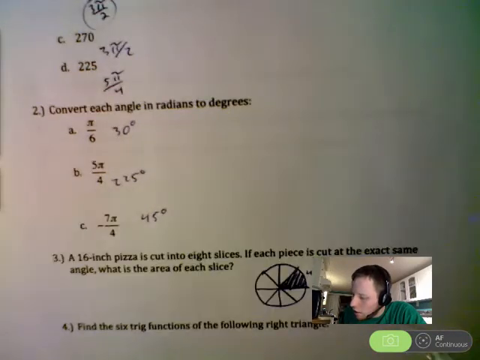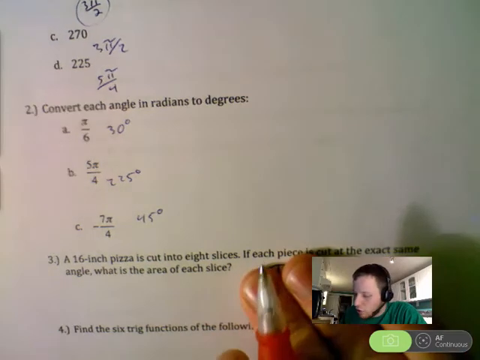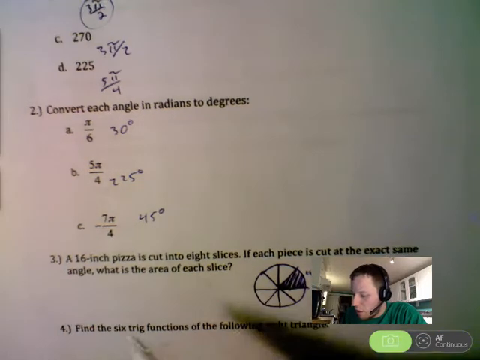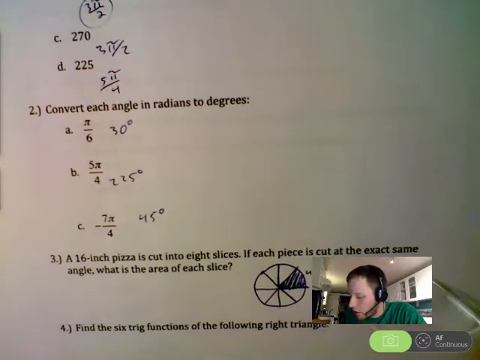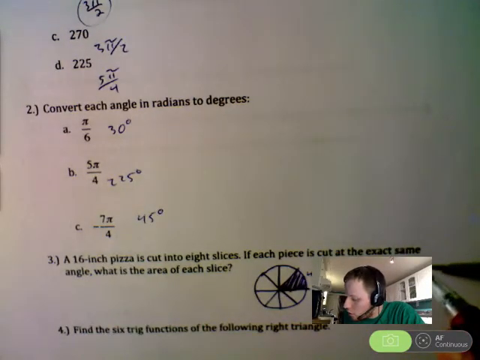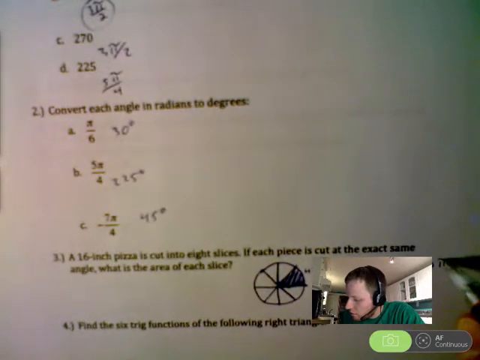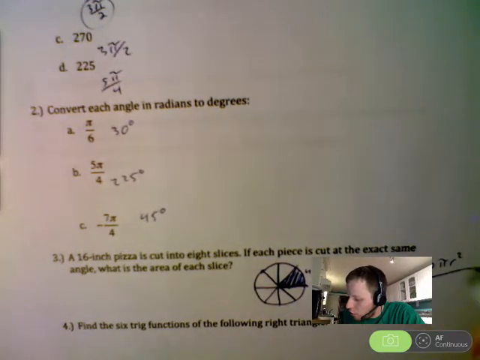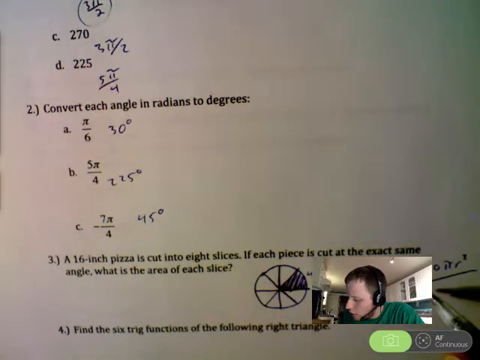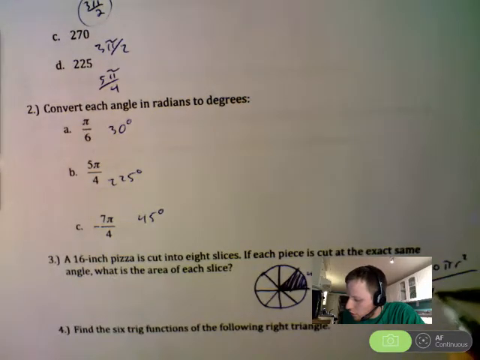Okay. Another way which you can do this, if you don't have a picture representation, or if maybe it's cut into 9 equal slices and you really can't do this, is to do 360 pi r squared over our degrees.